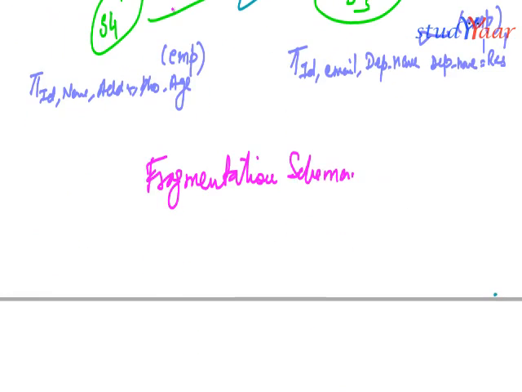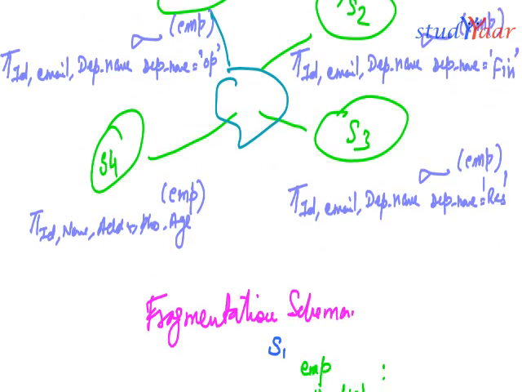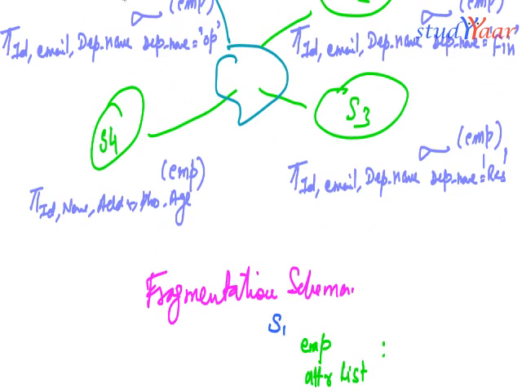Let's suppose in my schema I would have values like, for the fragment at S1, that it has the employee table in which the attributes are, what are the attributes at S1? ID, email and department name.